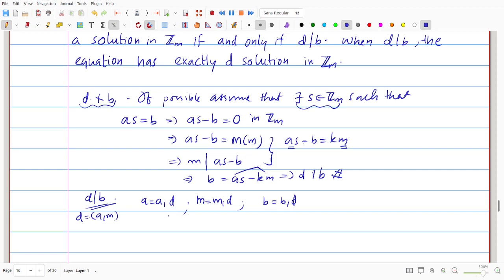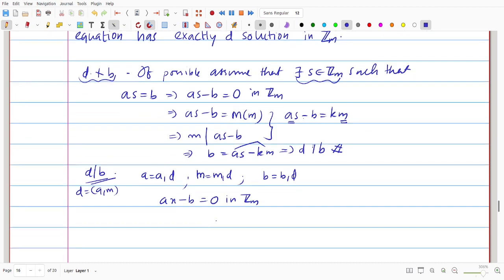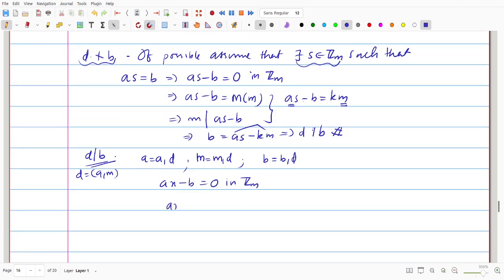We consider Ax equal to B, or we consider the equation Ax minus B equal to 0 in Zm. Obviously this 0 in Zm means Ax minus B equal to K times M; we are seeking the solution of this.